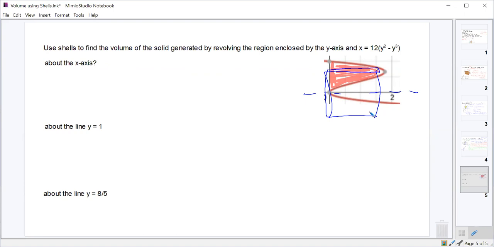Yeah. Okay, perfect. So if we're going to do that, first off, what is the thickness going to be? dy. It'd be dy, good. And what is our radius going to be?